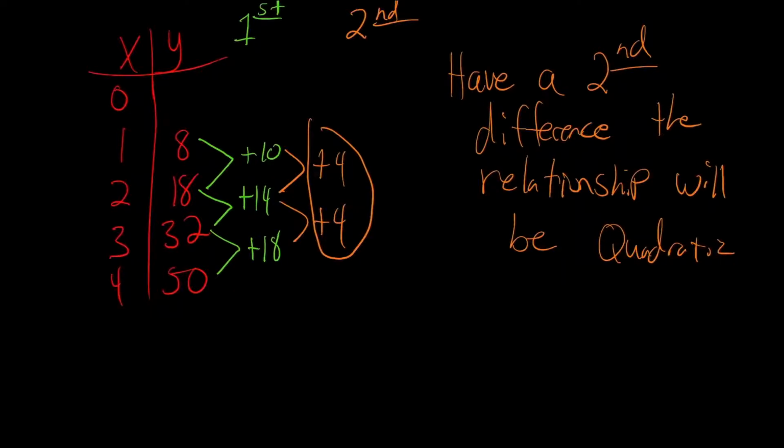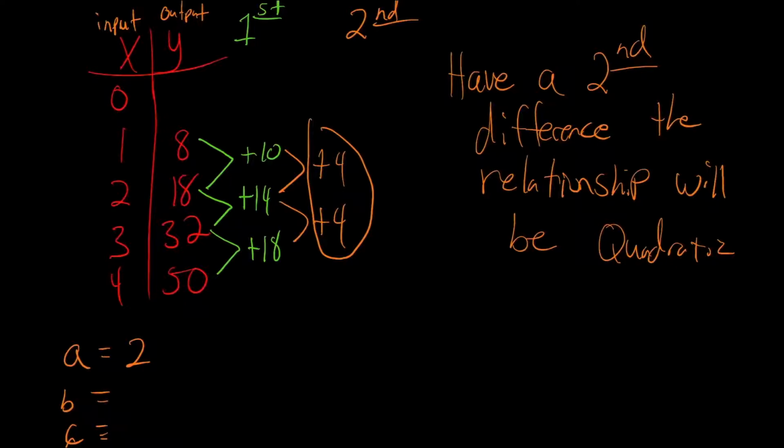Okay, so if we remember, to get my a value, I'm going to take the second difference and divide it by 2. That's easy. 4 divided by 2 is 2. To get my c value, I need to find what my output, my y value, is when my input, my x, is equal to 0.